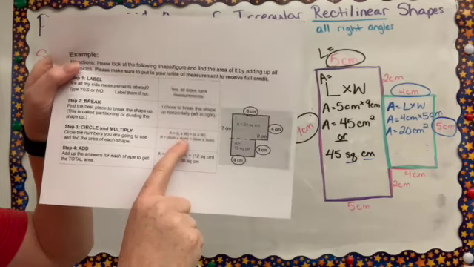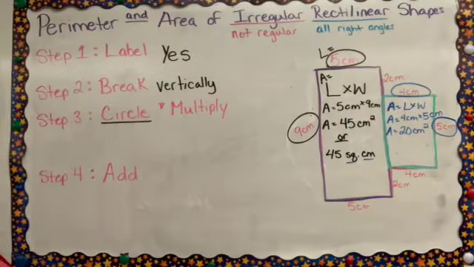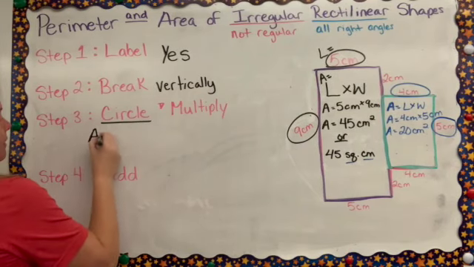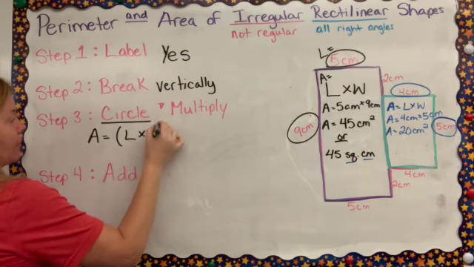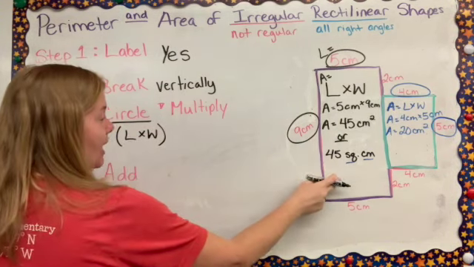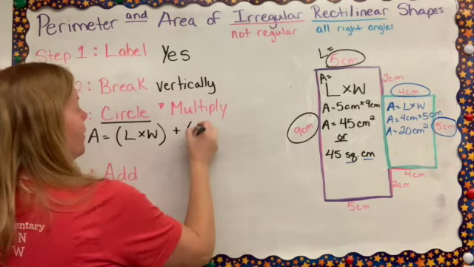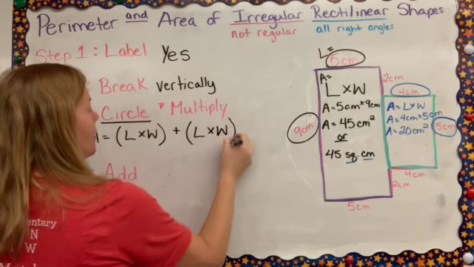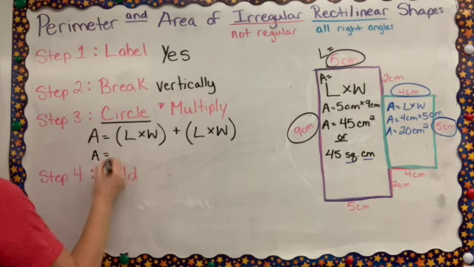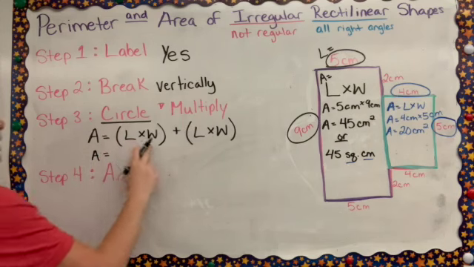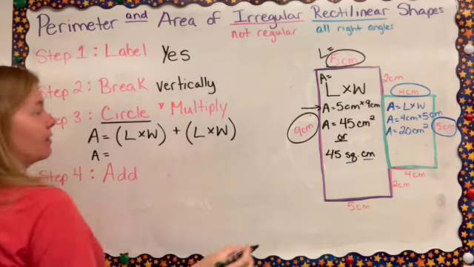You start with the formula. You start with area equals, we are doing the length times the width of one rectangle plus the length and the width of the second rectangle. Now we've got to multiply. We've got to put our numbers in to multiply. What is the length and the width of the first rectangle? You've got all the work there.